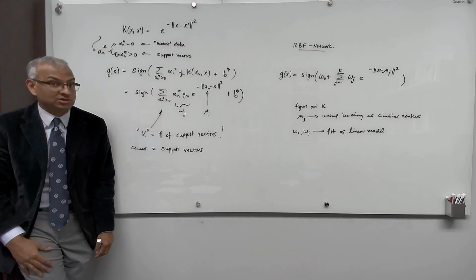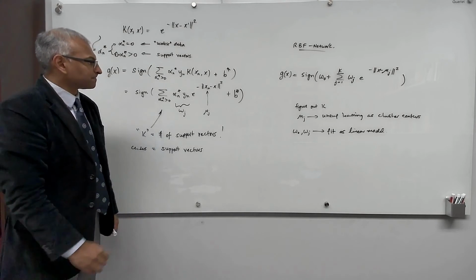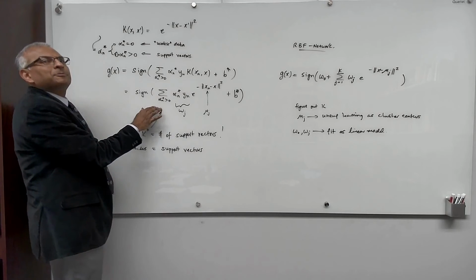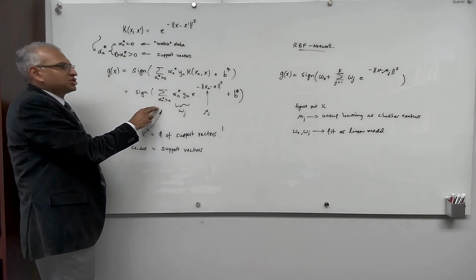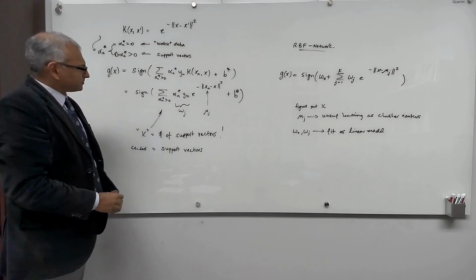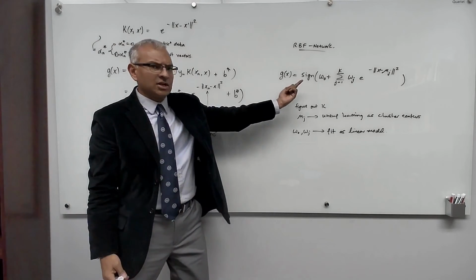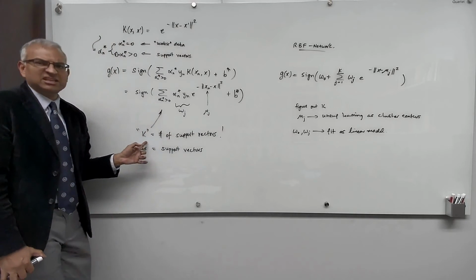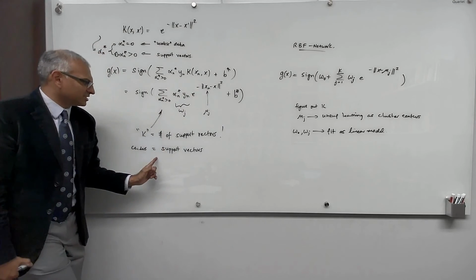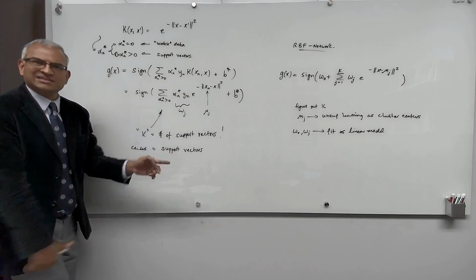Very important data points. It makes a lot of sense. And so you can view this maximum margin kernel machine as essentially an RBF network where the number of centers has been determined for you, and the positions of those centers have also been determined for you. There's nothing for you to determine.